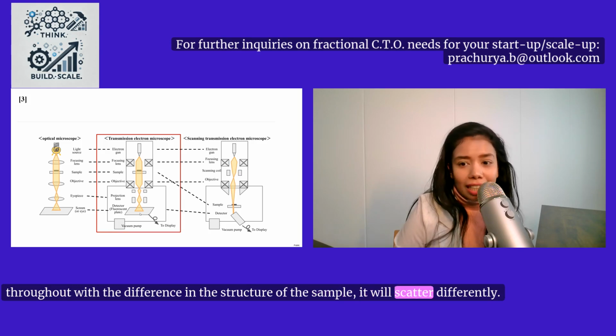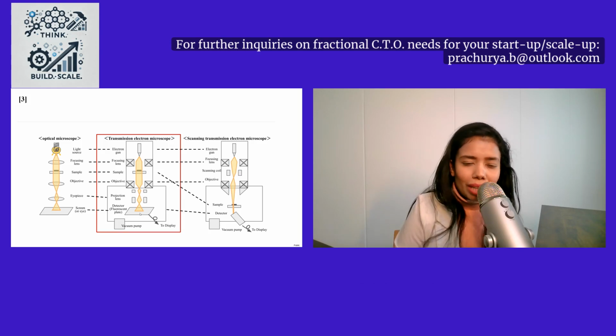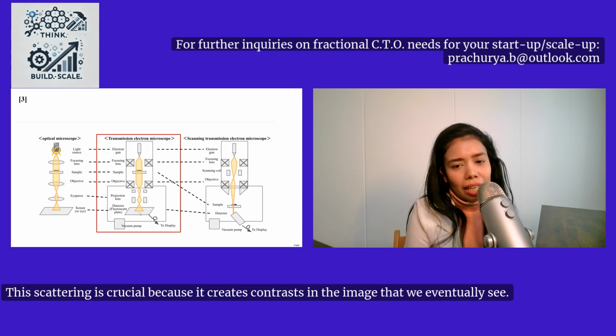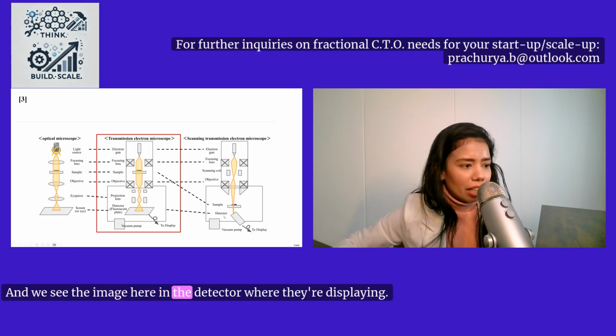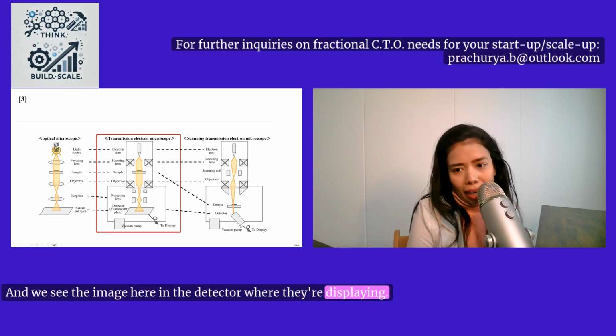This scattering is crucial because it creates contrasts in the image that we eventually see. And we see the image here in the detector where they're displaying.